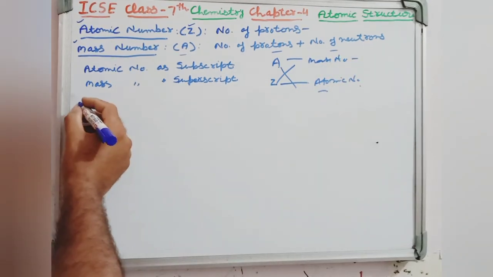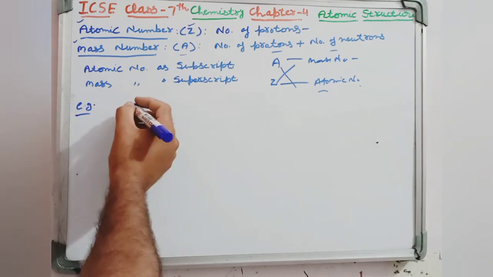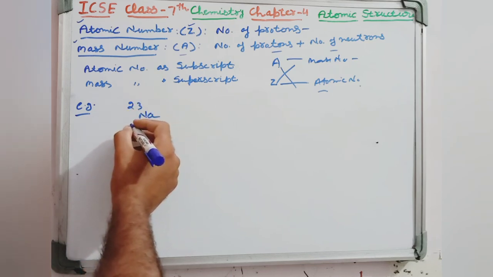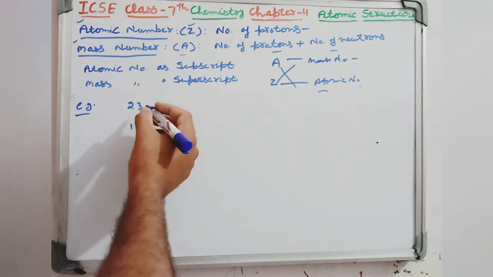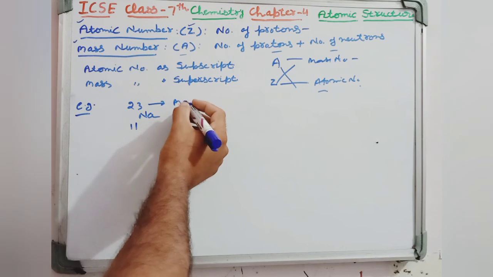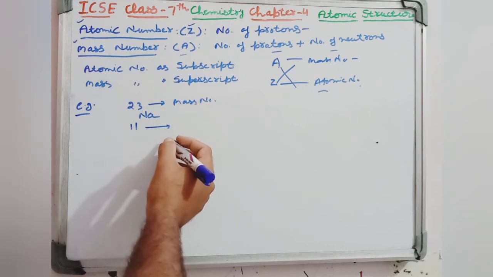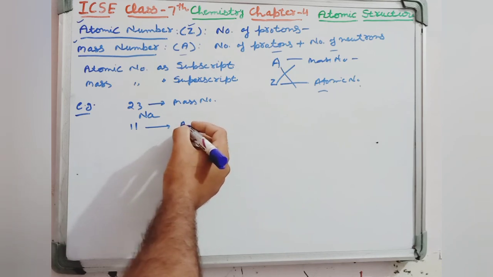For example, if I want to write the configuration of sodium, I will write it as 23Na11. What does 23 show? It is the mass number, and 11 is the atomic number.